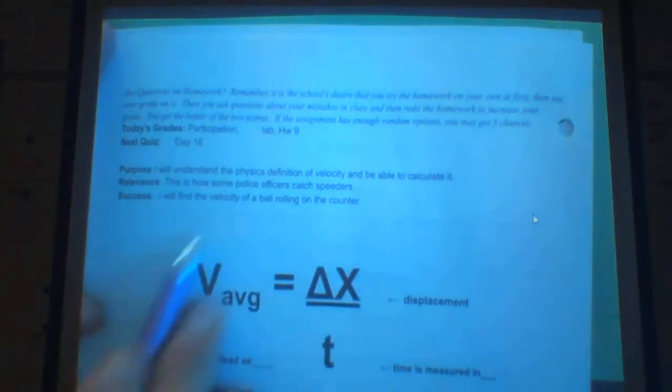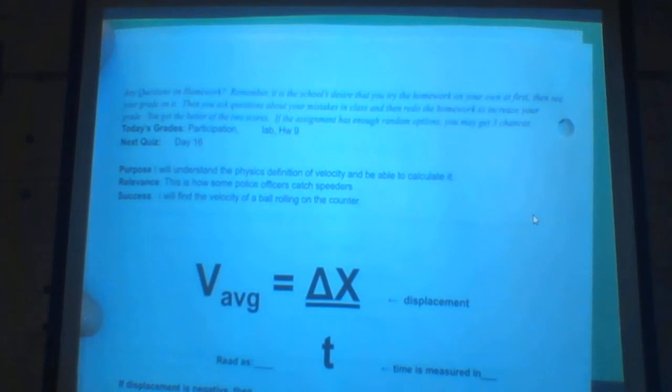So here's the equation that defines the average velocity of an object. This is the same delta x that we saw last lesson. It's the displacement. It can be either positive or negative. It's going to have units of some kind of a length, meters, kilometers, miles, something like that.